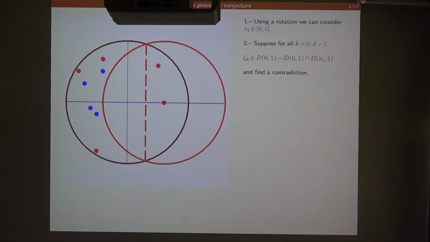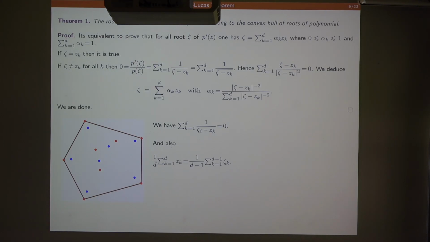And what is the equivalent of Rolle's theorem in the complex case? In my sense, in the literature there is a tentative to develop a Rolle theorem for roots of a polynomial in the complex case. But in my sense, the result which is the equivalent of Rolle's theorem in the complex case is this result.